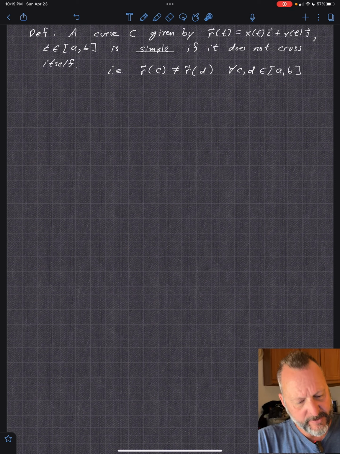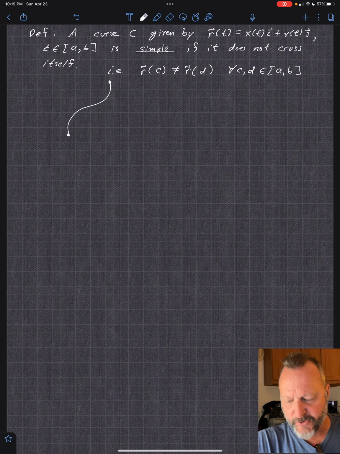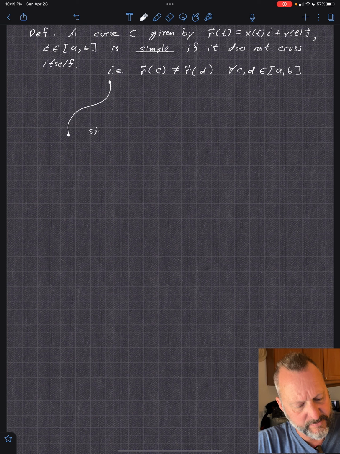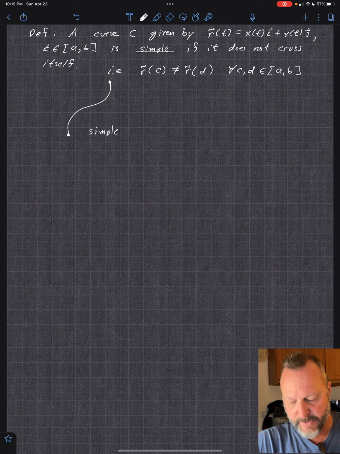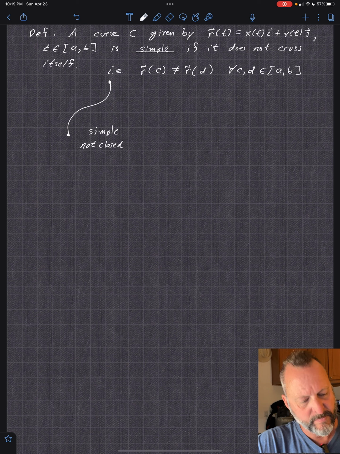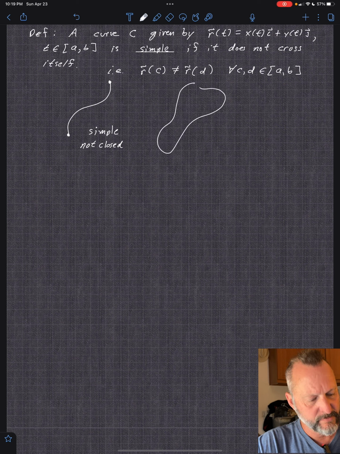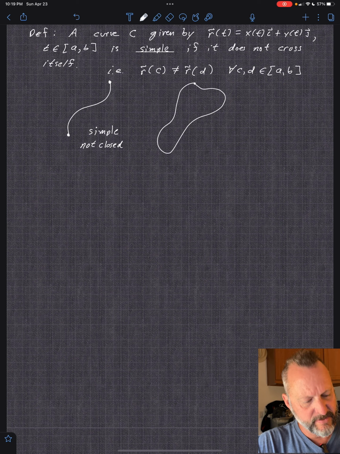So here's some cases. So here's one case. That curve would be simple, but not closed. Then you can have a closed curve, kind of whatever like that.